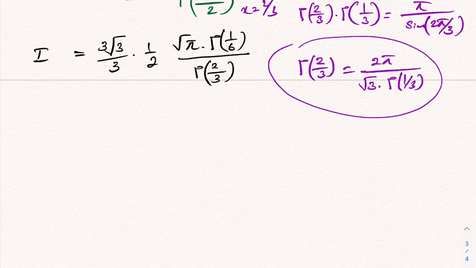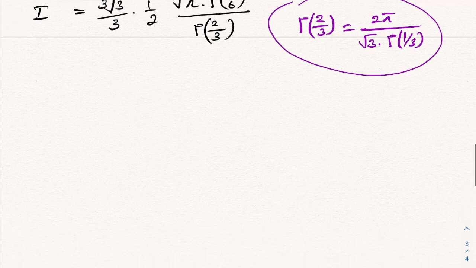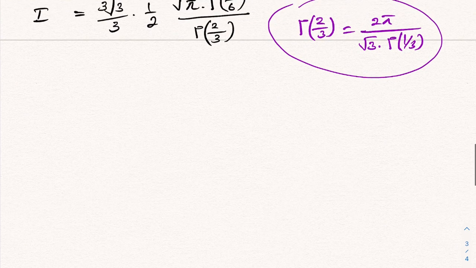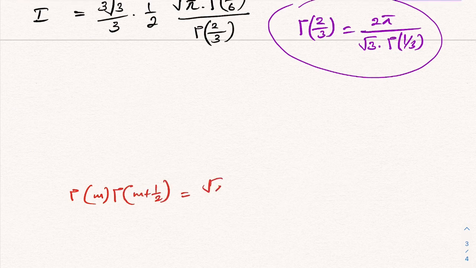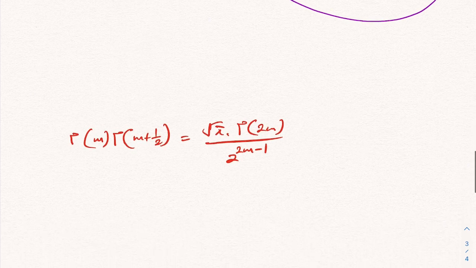Then again let's recall the duplication formula of gamma function. We know gamma of m plus 1 half is equal to square root of pi times gamma of 2m over 2 raised to the 2m minus 1. We can isolate the gamma of m.